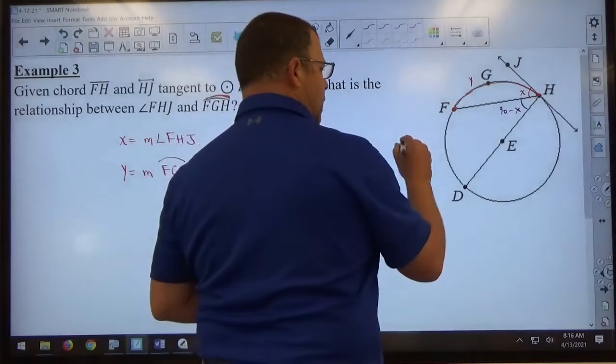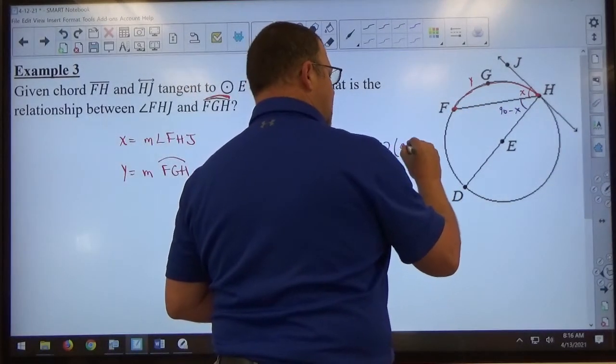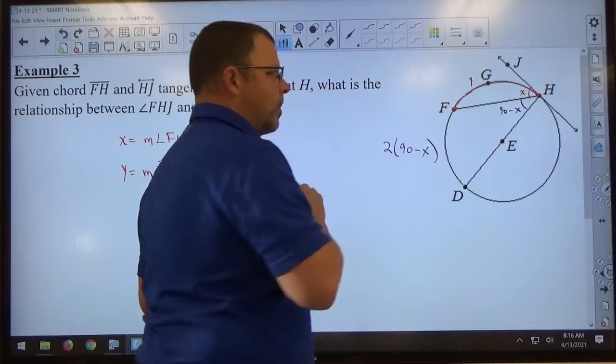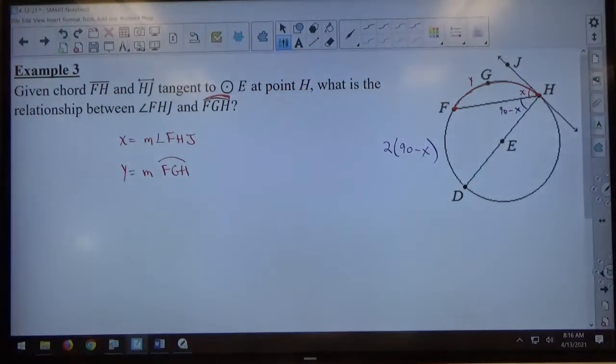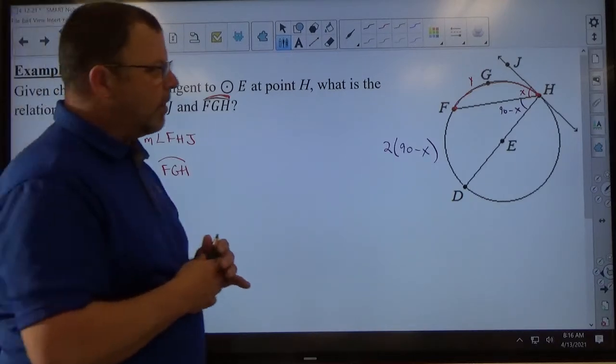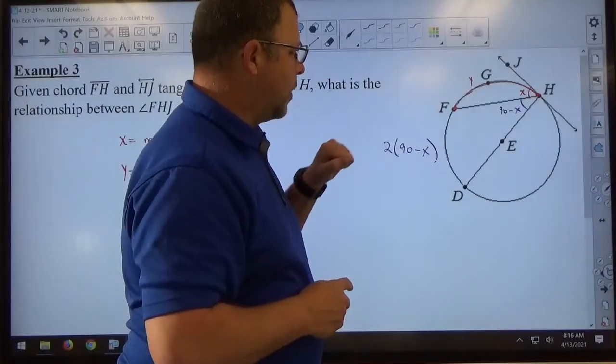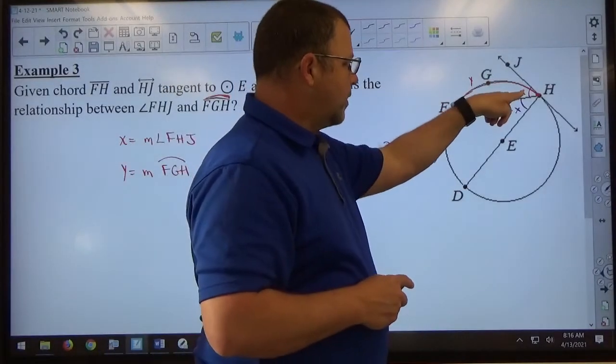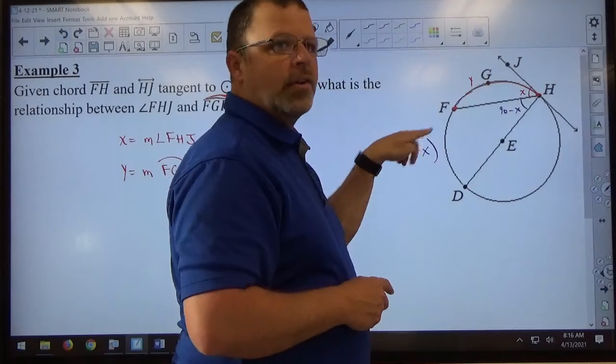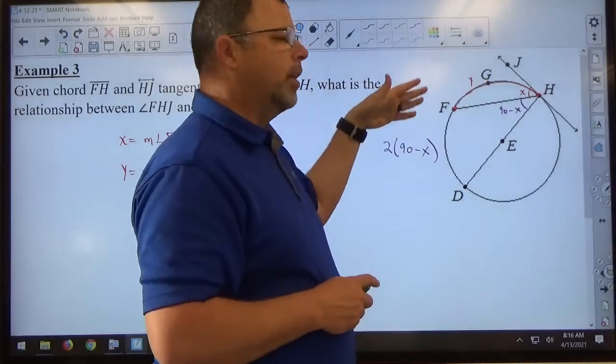So FD would be 2 times (90 minus x). I'm looking for a relationship between these two values, so I'm trying to create an equation containing both x and y. As I identify things, I'm just walking around the picture.